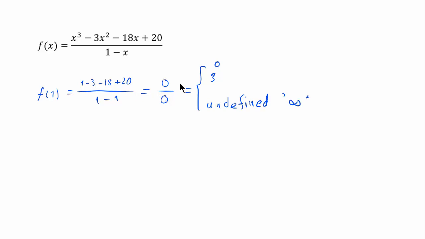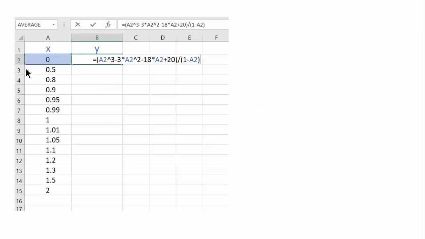So what is the right answer? In order to know the answer, let's see together the behavior of this function around this critical value of 1. For this purpose, I calculated the values of f of x in the range from 0 to 2 using Microsoft Excel.